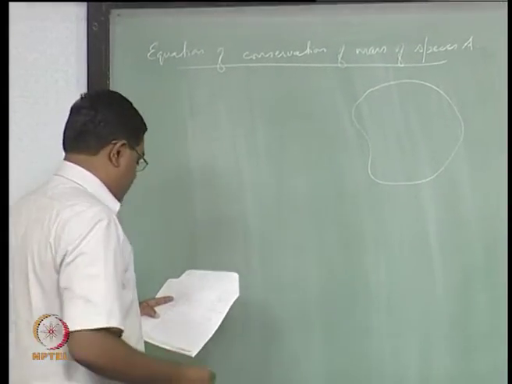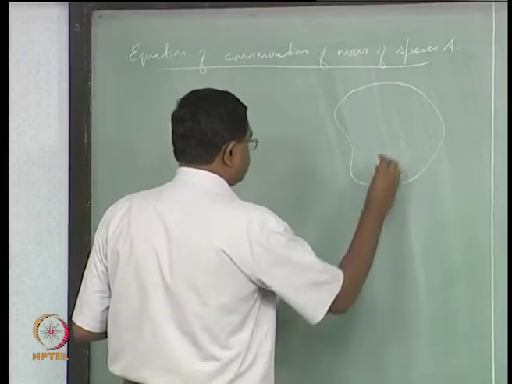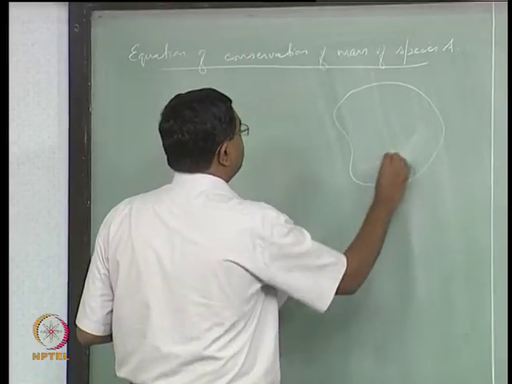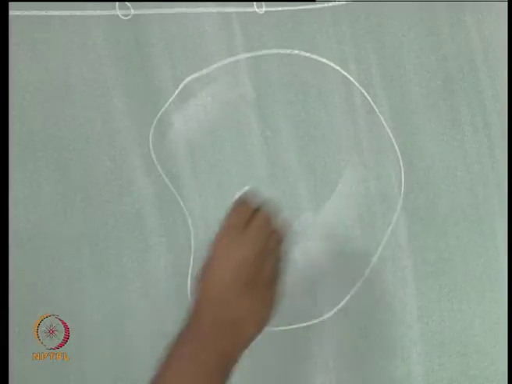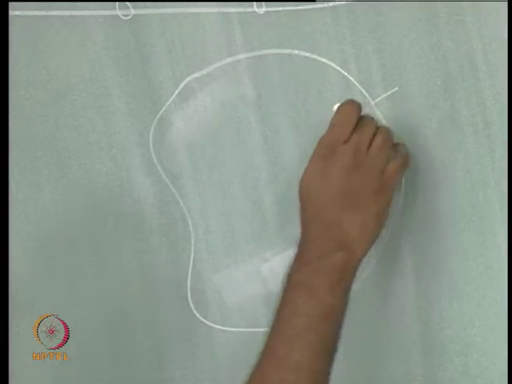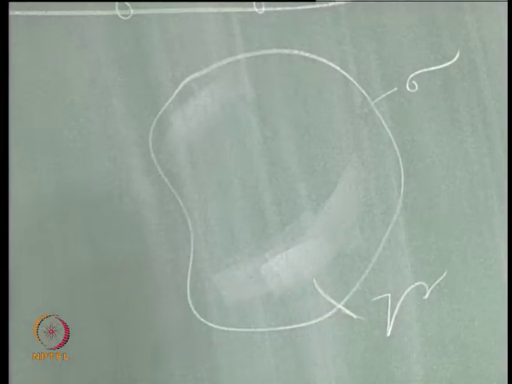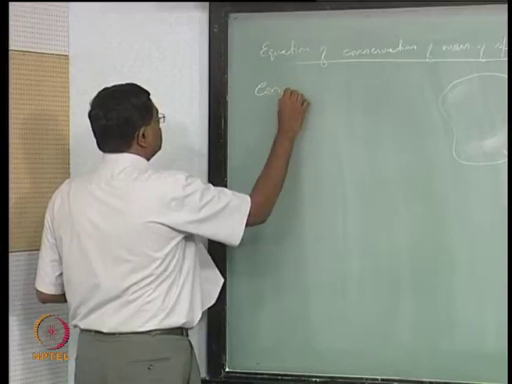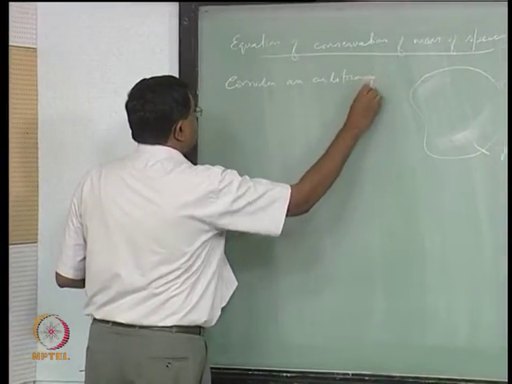So the way we want to do this is to now consider an arbitrary volume. So we can now look at this as a volume. The shading basically is to give a 3D effect there. The surface is denoted by sigma, and the volume itself is denoted by script V, and so we consider an arbitrary control volume.